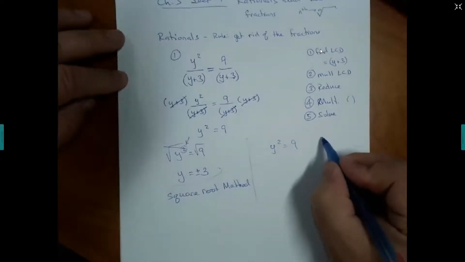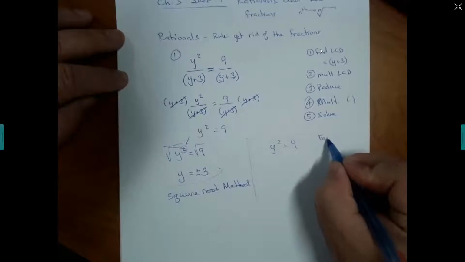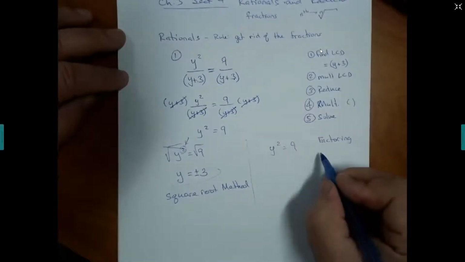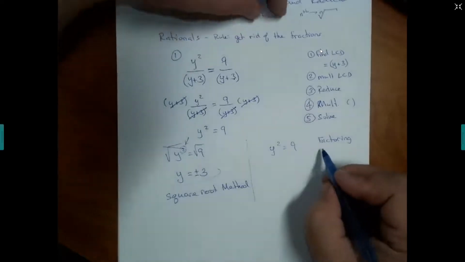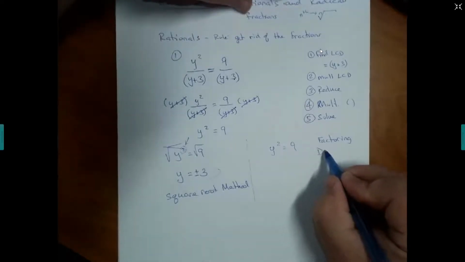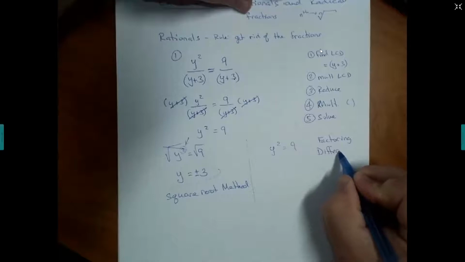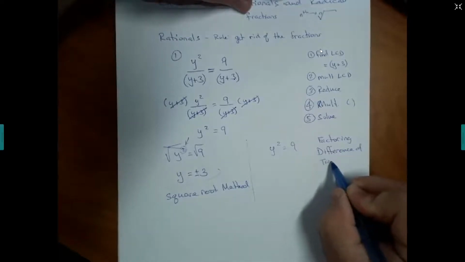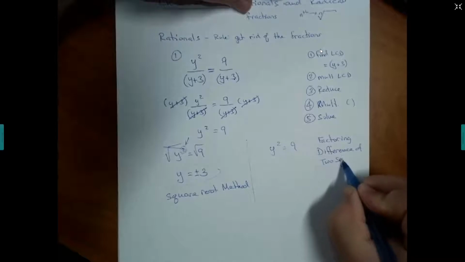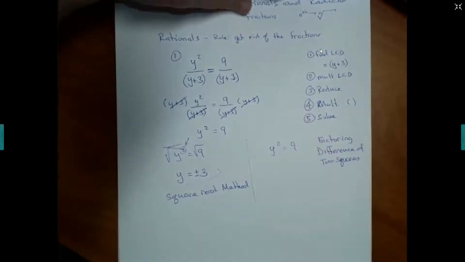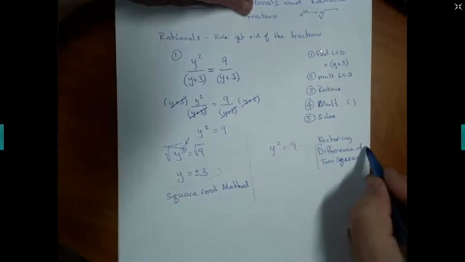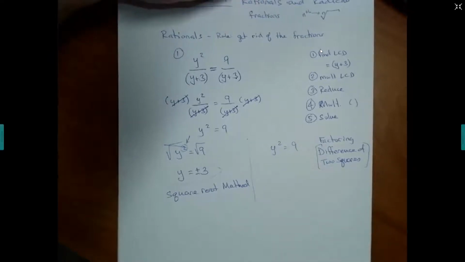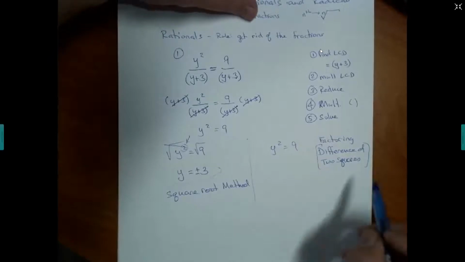The other way is by factoring using the difference of two squares.